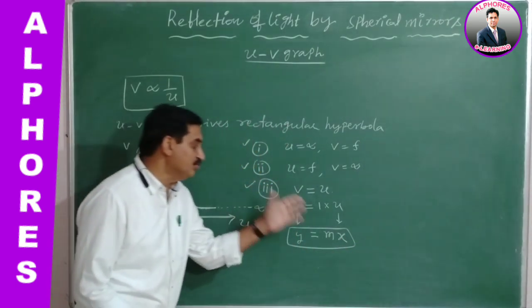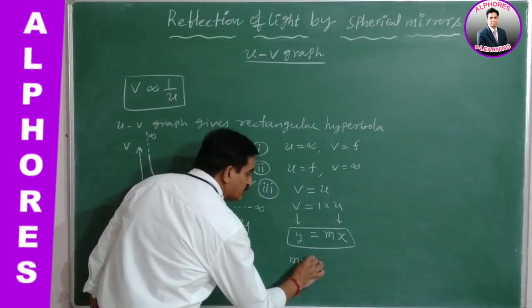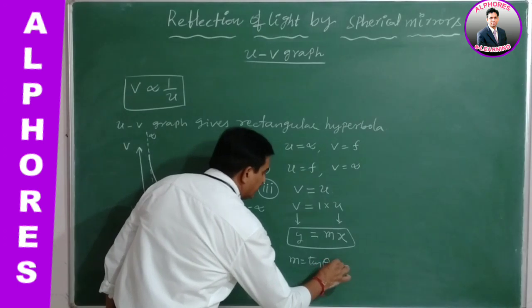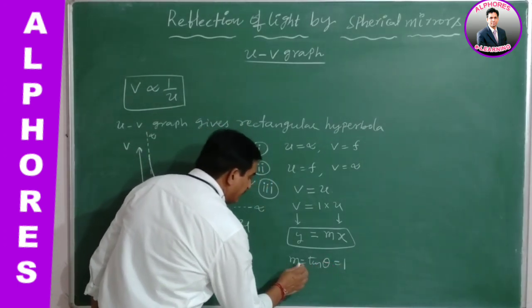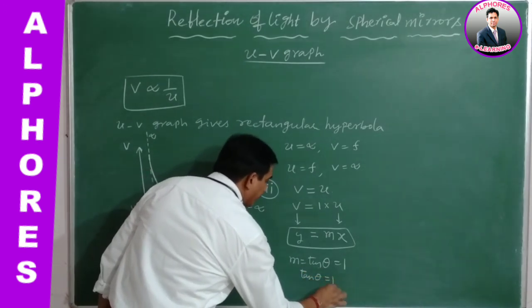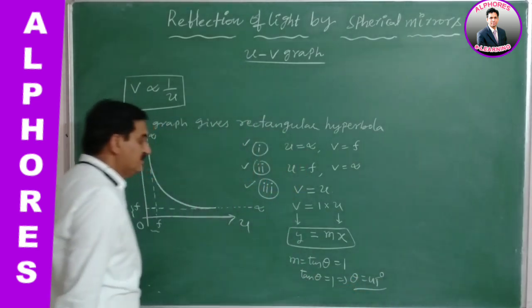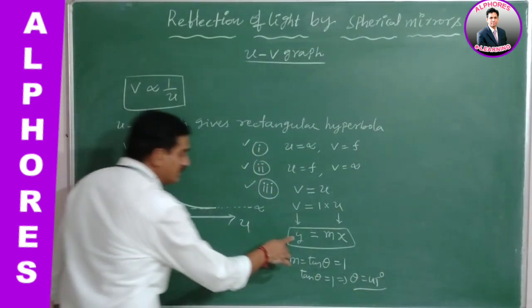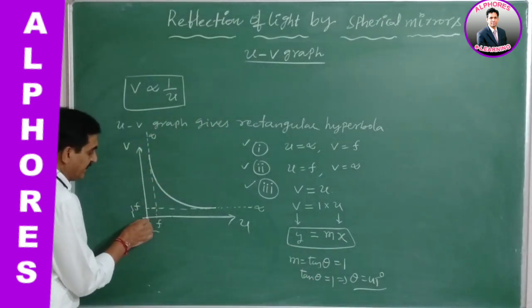When V is equal to U, its slope m is equal to tan theta, which is equal to 1. So here slope equals 1, therefore tan theta equals 1, in the sense theta equals 45 degree.